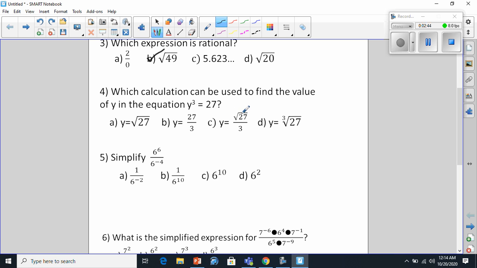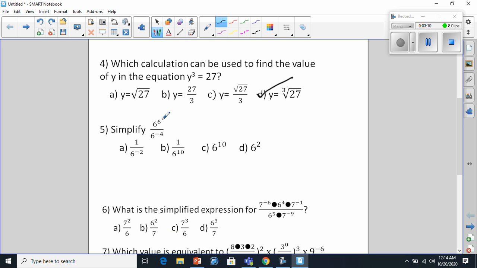This one is the square root of 27 over 3. Again, I don't think that would be correct because we're looking for a cube root here. That's not going to happen. And this one, the cube root of 27, that makes sense because that means a number that's multiplied to itself 3 times. What number multiplied to itself 3 times will equal 27? So D would be correct.